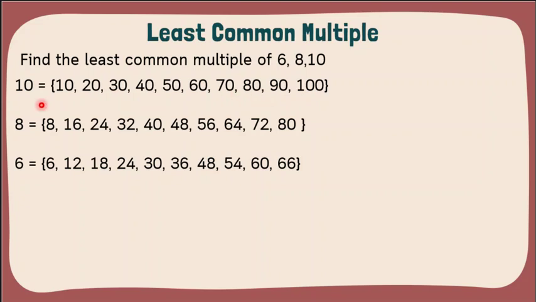You find that after listing about 10 multiples of all of them, there is still no common multiple among all 3. That is a problem. That means that we have to go on and on and on until we find a least common multiple. That is exhaustive and sometimes difficult to do.